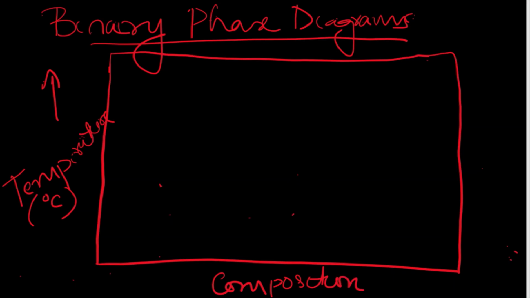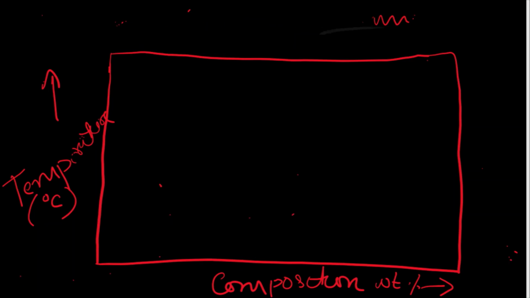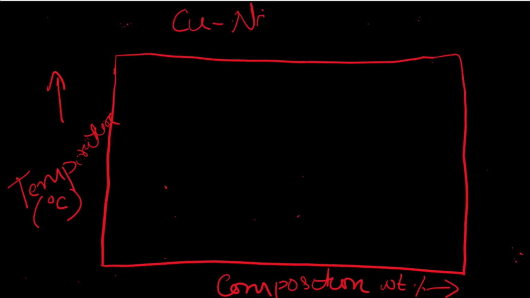Composition in weight percentage. Then right now I am taking copper nickel system. Copper nickel phase diagram. That is, instead of A and B, I am just taking copper nickel phase diagram.